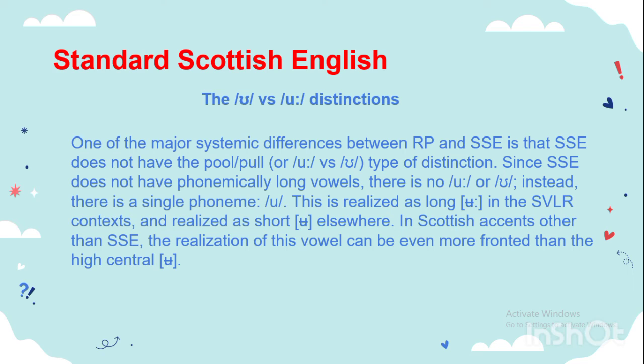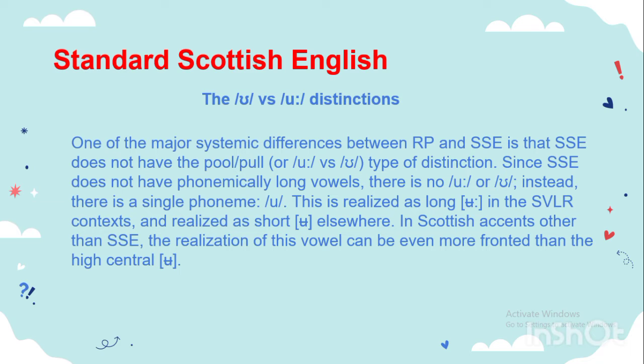Standard Scottish English vowels. The foot versus goose and the cot versus caught distinction. One of the major systemic differences between received pronunciation and Standard Scottish English is that Standard Scottish English does not have the pull and pool type of distinction.